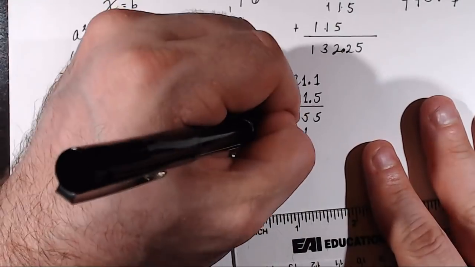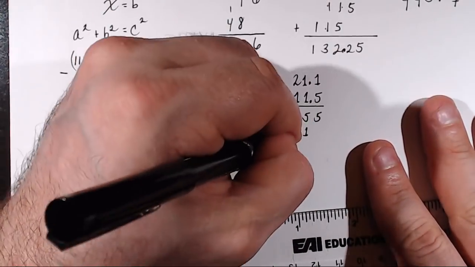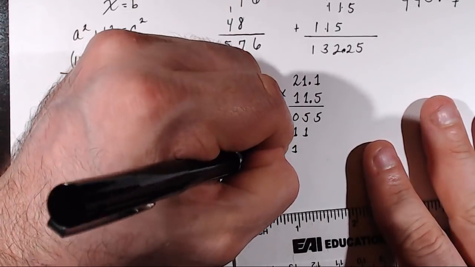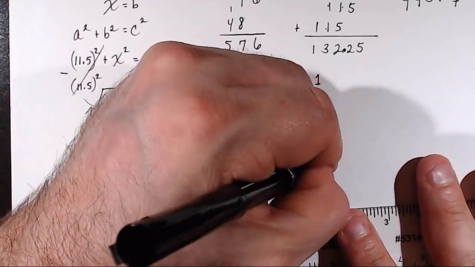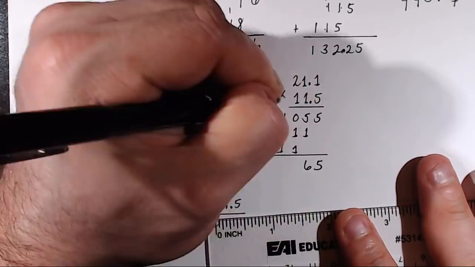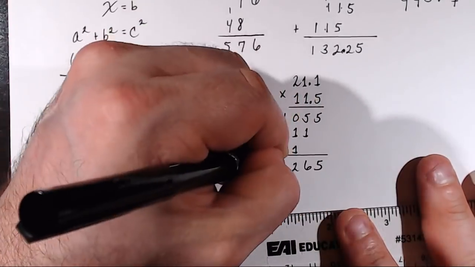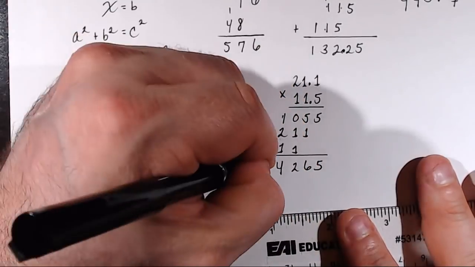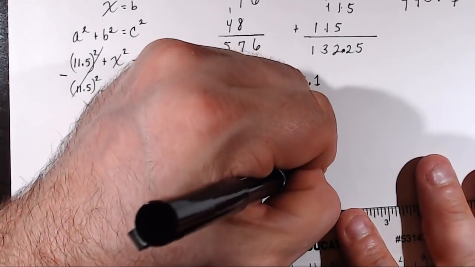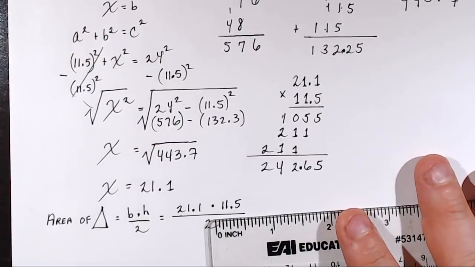Okay, and then 1 times 1 is 1. 1 times 1 is 1. 2 times 1 is 2. Stack, add. 5, 6, 2. 1 plus 2 is 3. 3 plus 1 is 4. 2. Okay, and then 2 decimals over. 242.65.